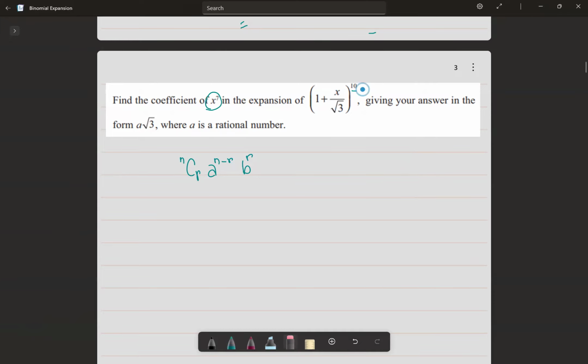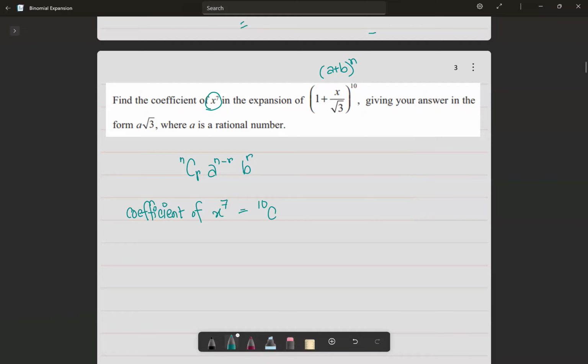Let us compare with the general formula. We have a plus b to the power of n. So n is 10 in here. So for the coefficient of x to the power 7, we will have 10C.